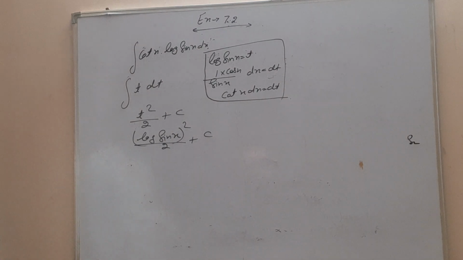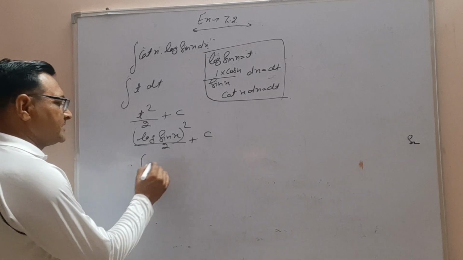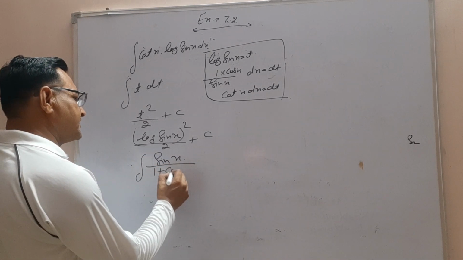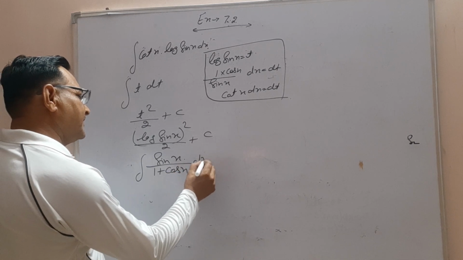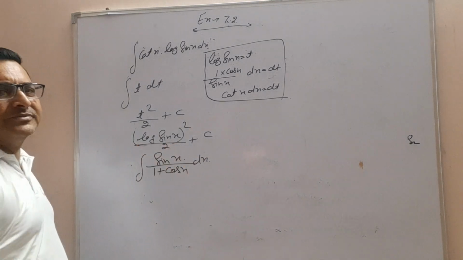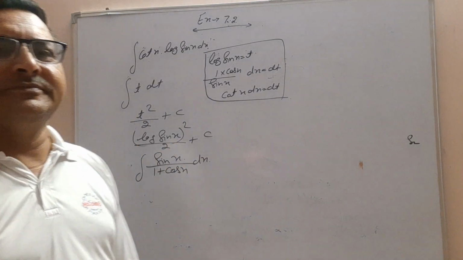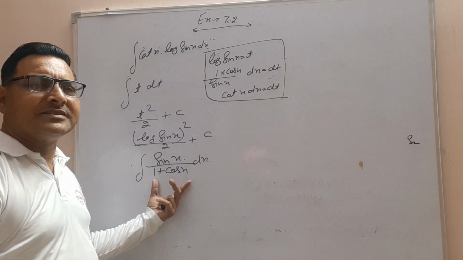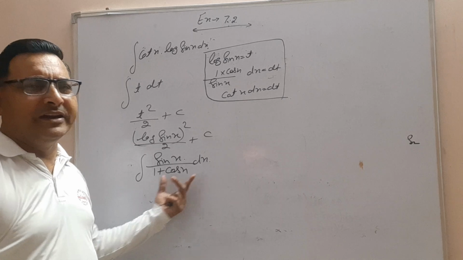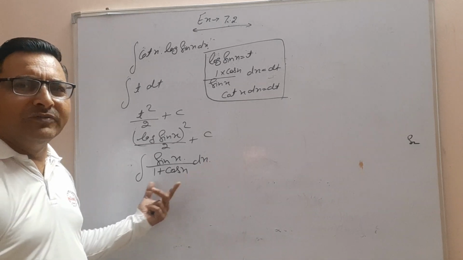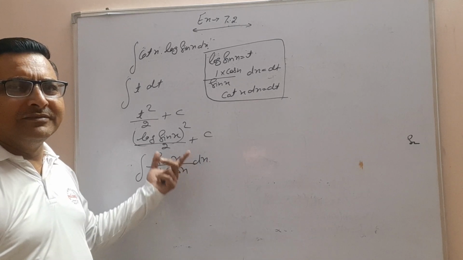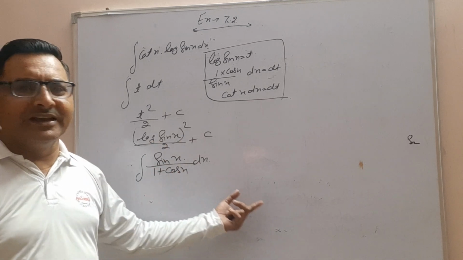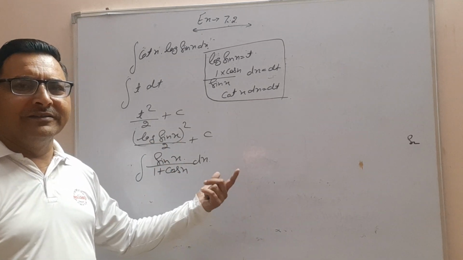Now the next question. Sin x upon 1 plus cos x. This question is for you. We are looking here at 1 plus cos x. If we put it equal to t, you will get the derivative in the numerator. Cos x's derivative is minus sin x dx is equal to dt.